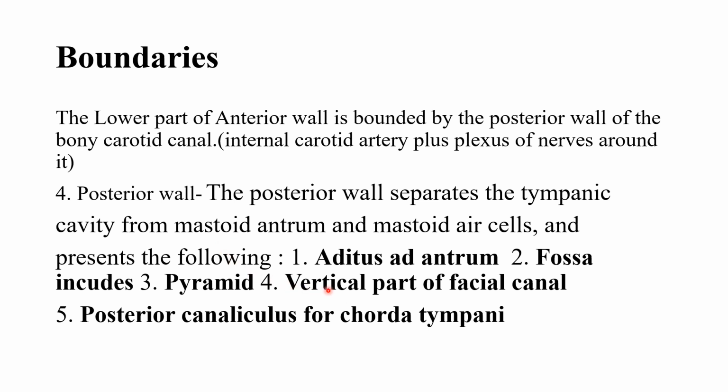Now the vertical part of the facial canal is also present there, just behind the pyramid, and it is extending up to the stylomastoid foramen. Now the next one is the posterior canaliculus of the chorda tympani. This is a canal for the passage of the nerve called chorda tympani.